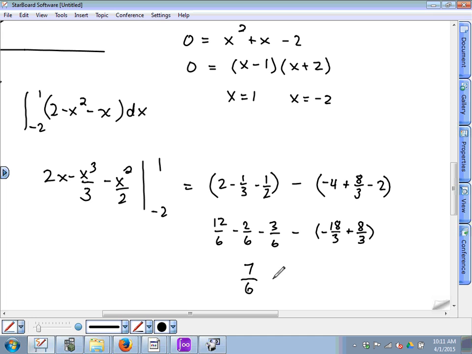So it would be -13/6. So we have 7/6 plus 10/3, or 27 over 6, or 9/2.